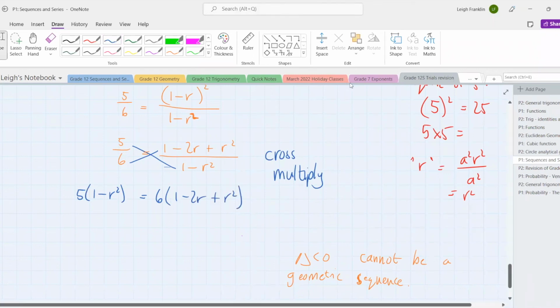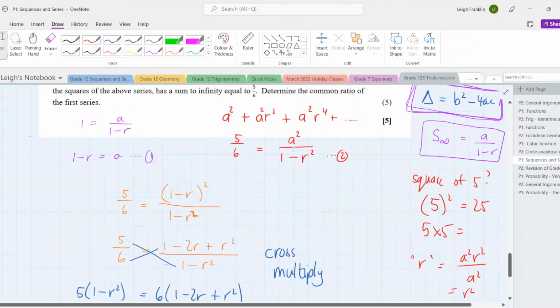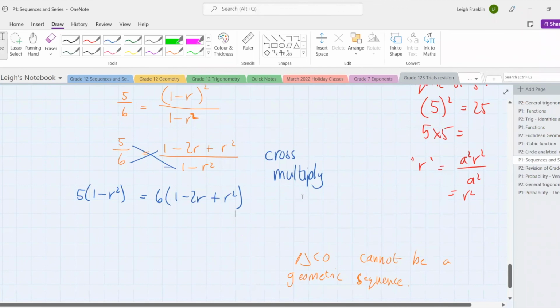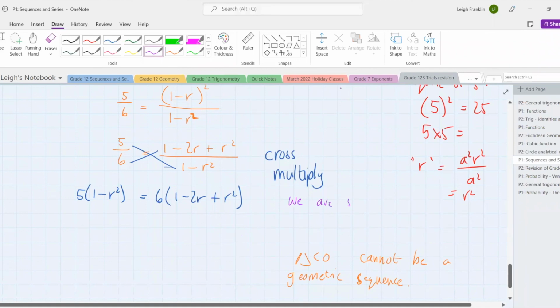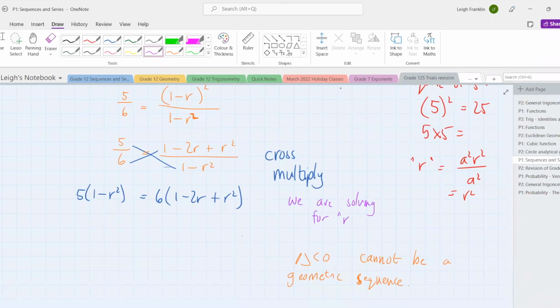Now the question, if we just go back and have a look, they asked us to determine the common ratio of the series. So the implication here is that we need to solve for, what do they want us to solve for? There we go. We are solving for R. Lovely.